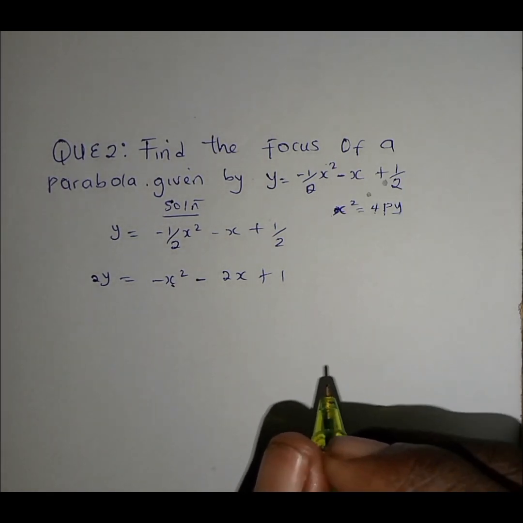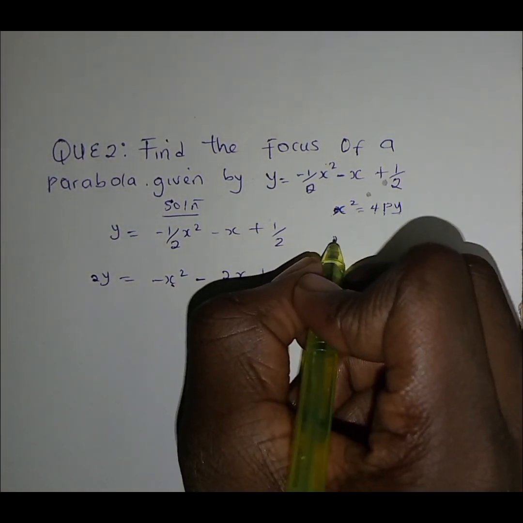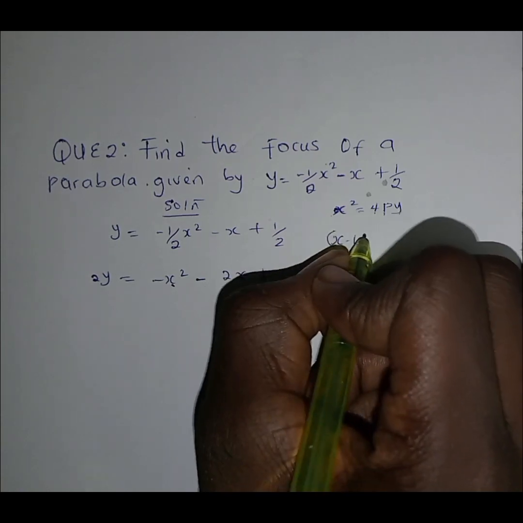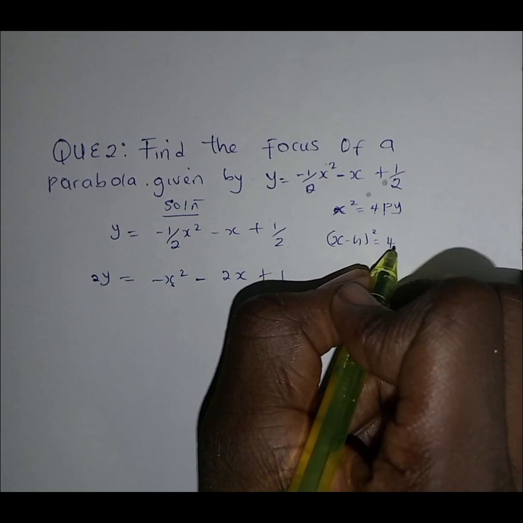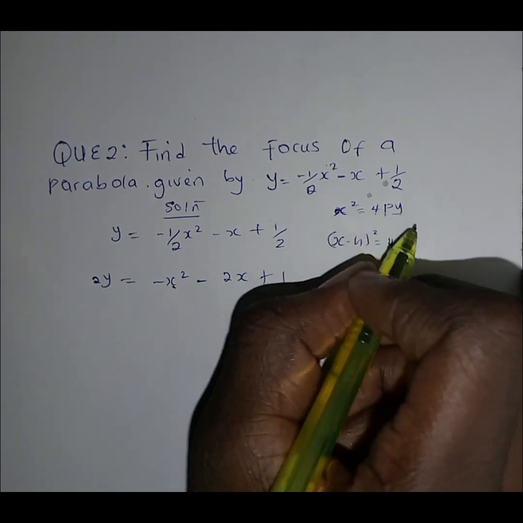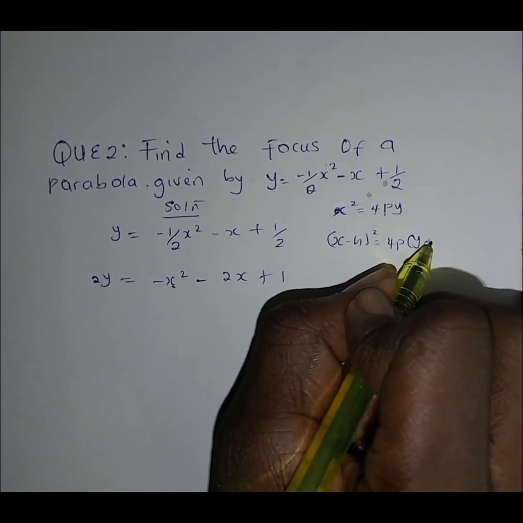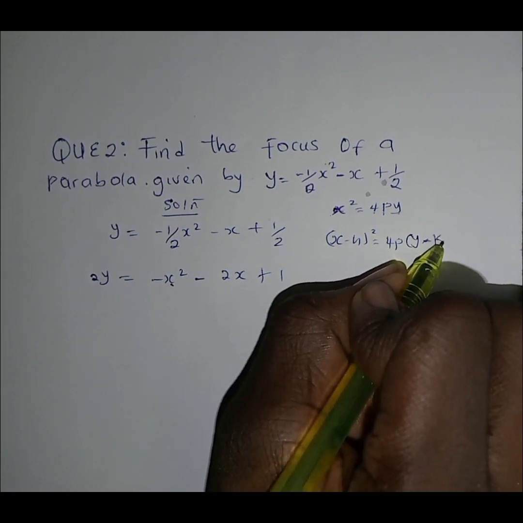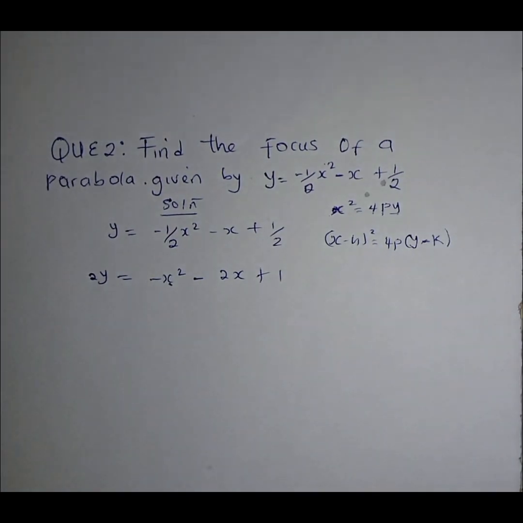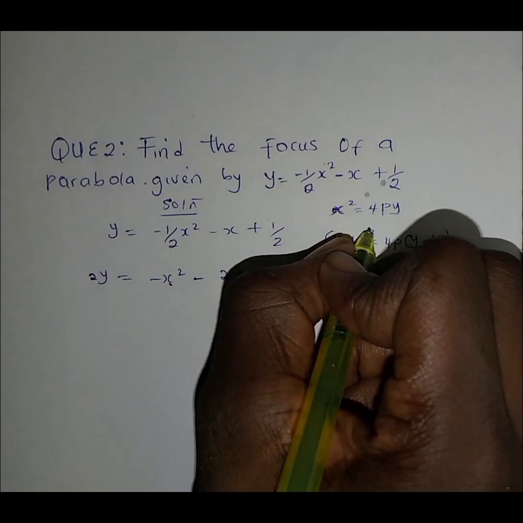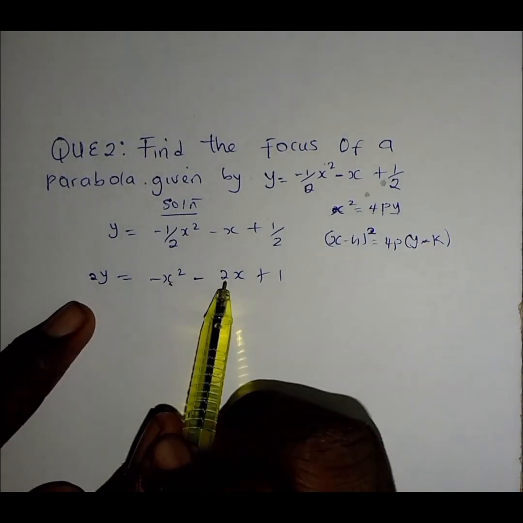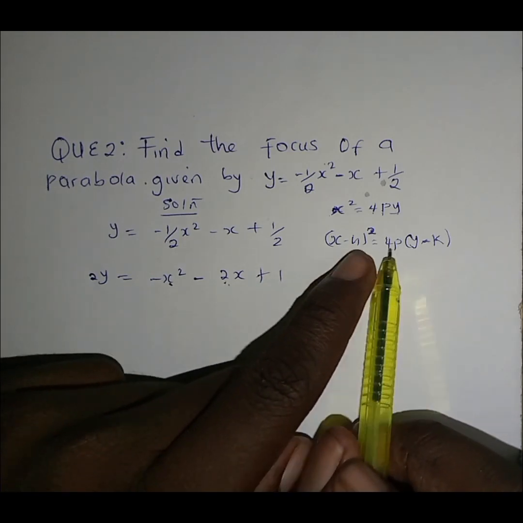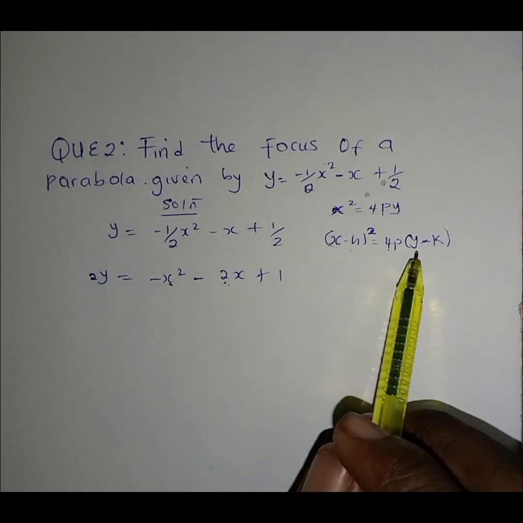So therefore it will now be x minus h squared equals 4p times y minus k. Are we together? So it will be this. Now our aim is to solve this equation and then change it to this form, so that we can have our h and k.